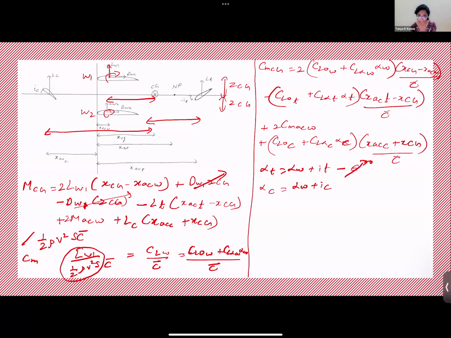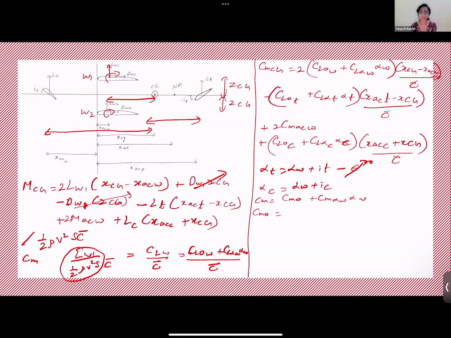Okay, so now let's just substitute these. What do we get? So CM is CM naught plus CM alpha of the wing into alpha of the wing. So let's write down terms that are dependent on angle of attack of the wing and terms that are independent. Okay, it will simplify our process. So let's write CM naught. What terms are independent of angle of attack on the wing?